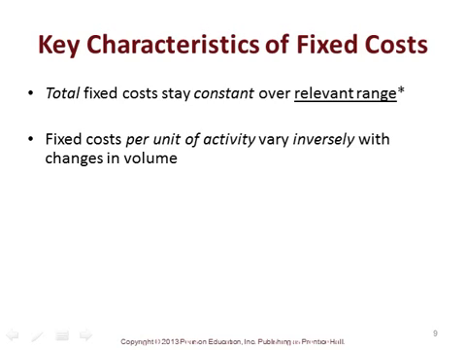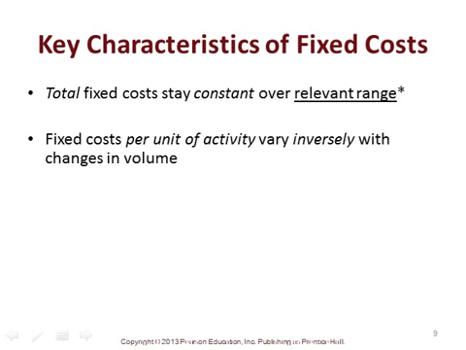And then fixed costs per unit of activity vary inversely with changes in volume, right? So here we're saying the fixed cost doesn't vary with the change in volume, but the per unit fixed cost of activity does vary. Obviously, if I pay $1 million for the lease of my factory and I produce 1 million units, then my fixed cost per unit is $1 per unit of activity.